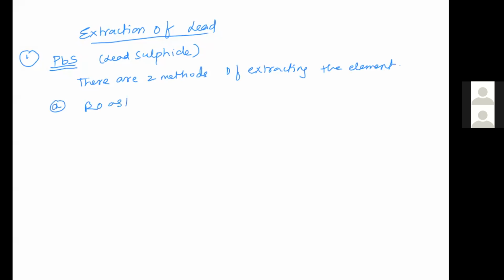Roast in the air, then reduce with coke or CO in a blast furnace.